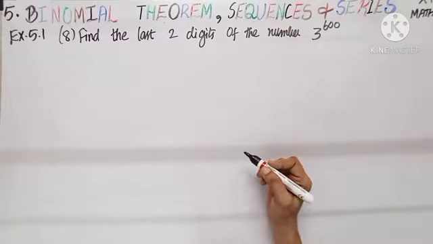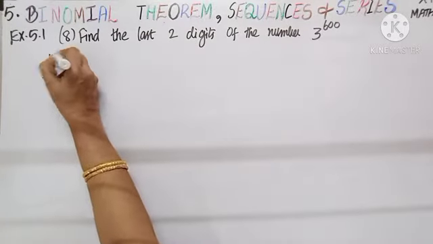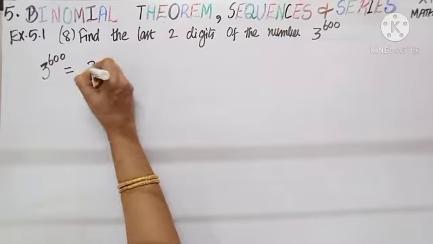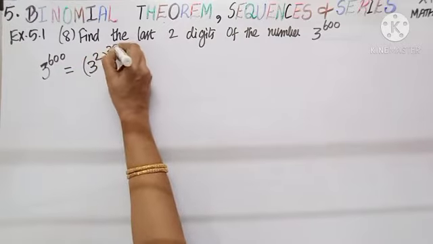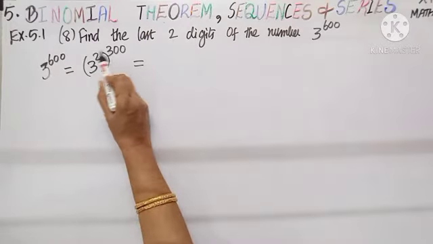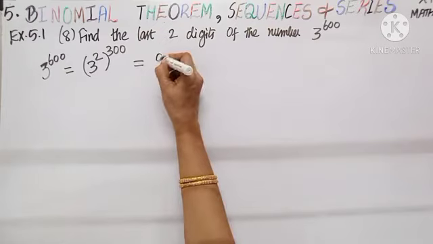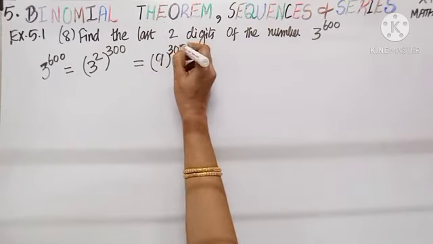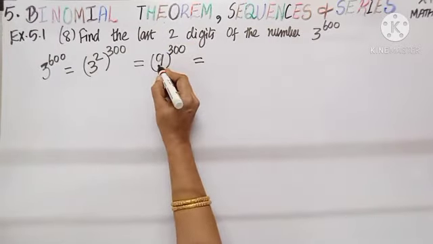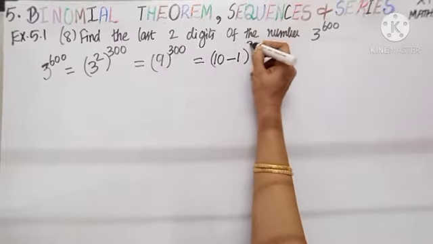Let me say, 3 power 600 can be rewritten as 3 square power 300. Can I write it? 600 I have written 2 into 300. 3 square is 9 power 300. Now 9, something easy for me to write as 10 minus 1.